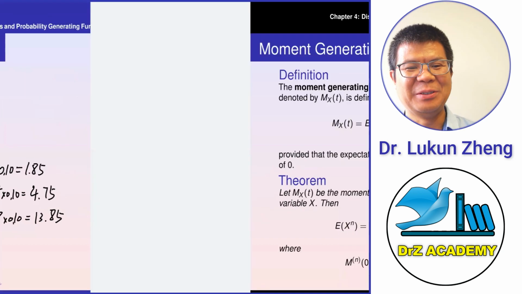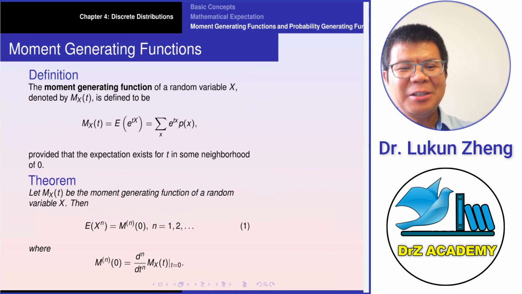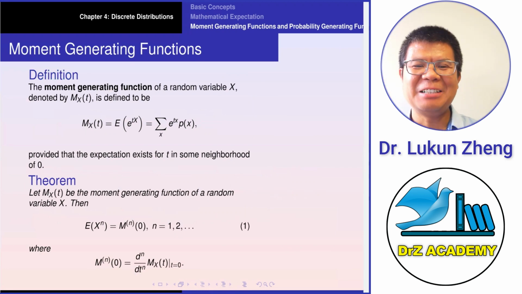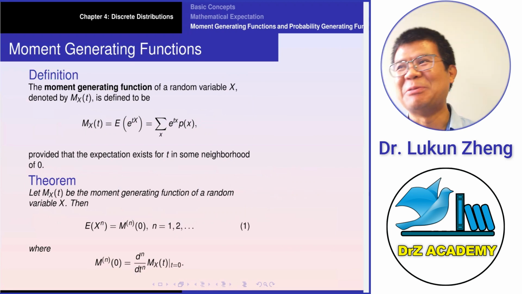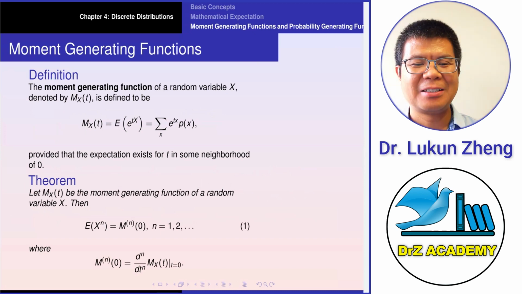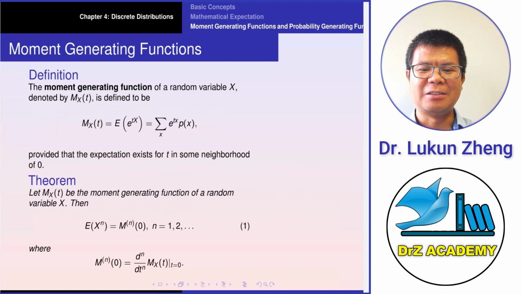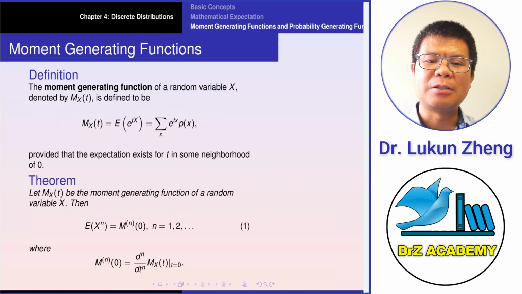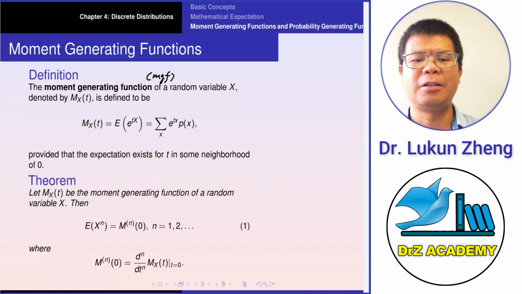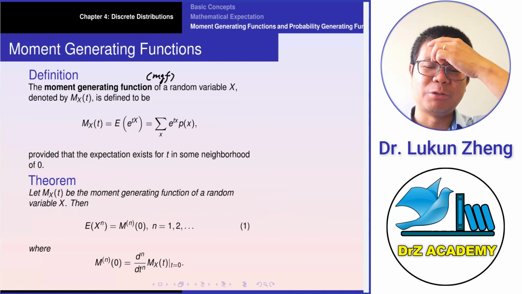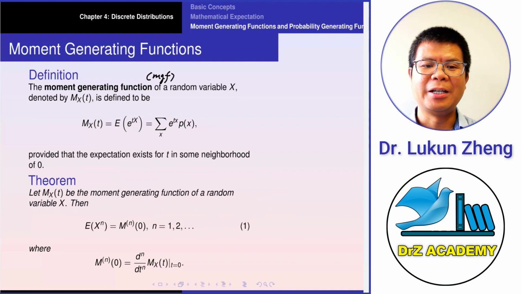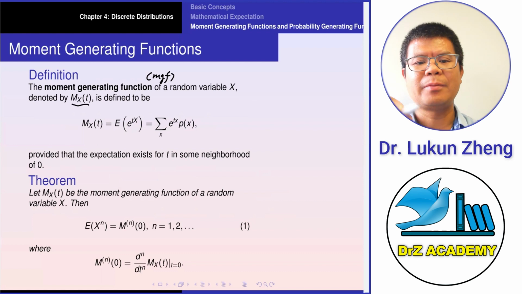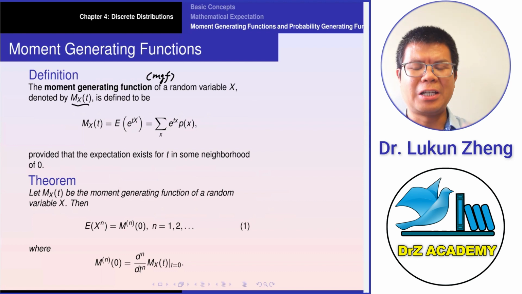All right, so now let's introduce the moment generating functions. What is a moment generating function? Sometimes we just write MGF. The moment generating function of a random variable X, denoted by M_X(t), is defined to be the following expectation.